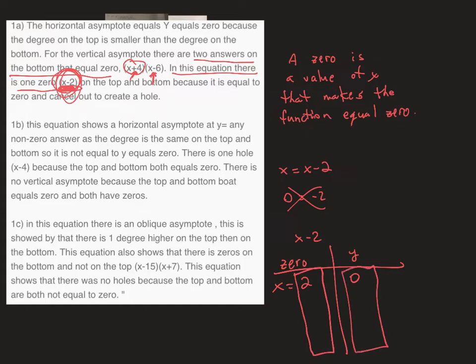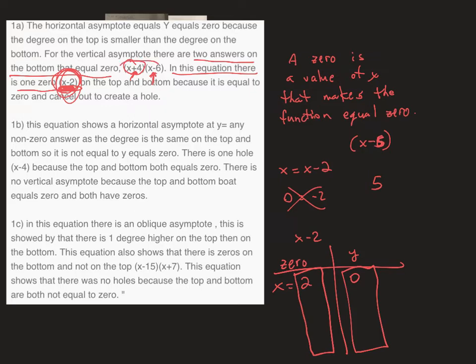So this is one of those situations where I can say the 0 is 5, and that would make sense, right? Because 5 is the x value that would make a y value 0 possibly. That's only if x minus 5 was a factor in the numerator.